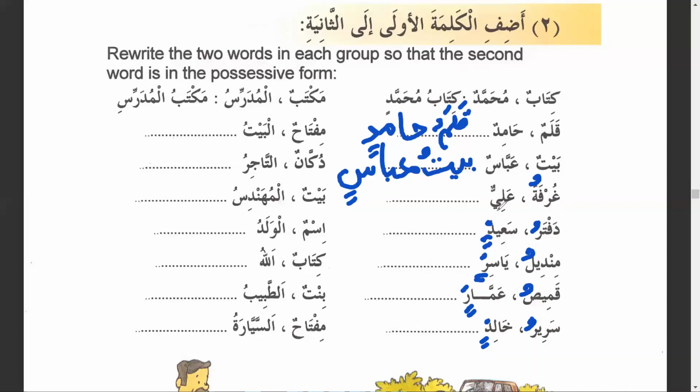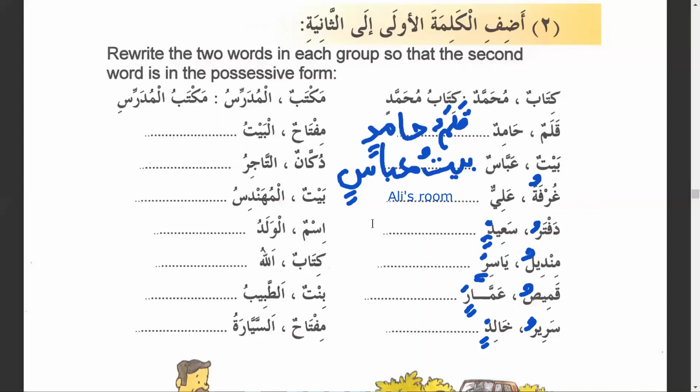Can you translate this? Ghurfatu Aliyin: Ali's room. Yes.